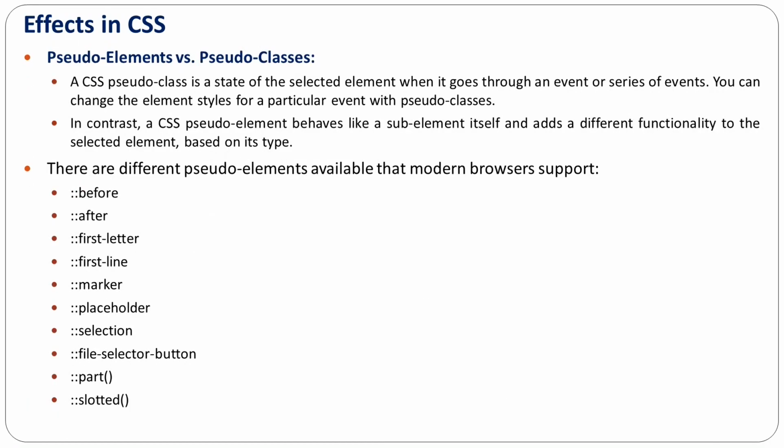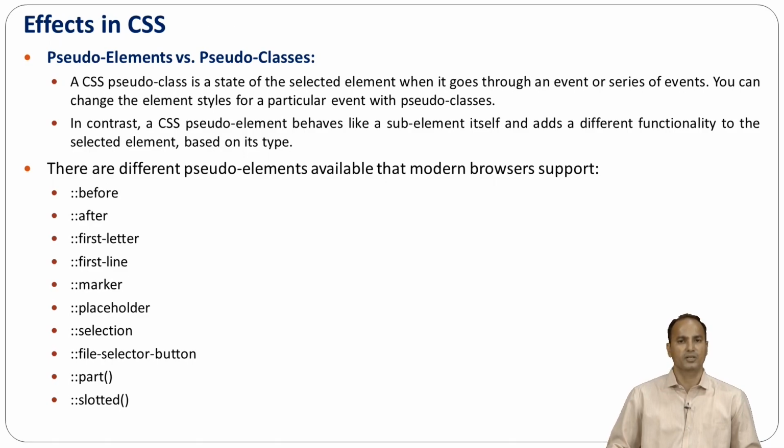There are various pseudo elements available, but before that we need to understand the difference between pseudo classes and pseudo elements. A pseudo class is a state of the selected element when it goes through an event or series of events. You can change the element style for a particular event with a pseudo class.